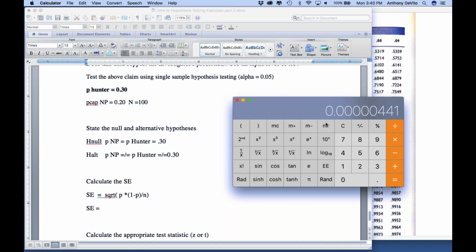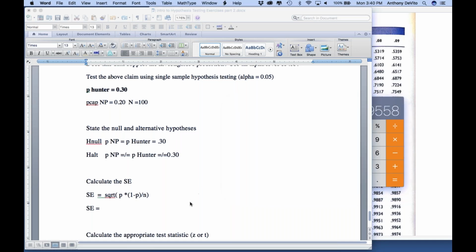And we find the square root of that. 0.3 times 0.7 equals this, divided by 100 equals this. Find the square root of that, and it comes out to about 4.6%, 0.046. Okay, standard error is 0.046, 4.6%.